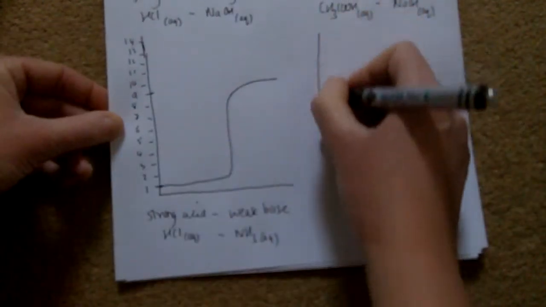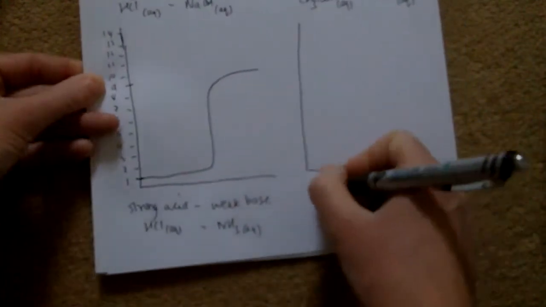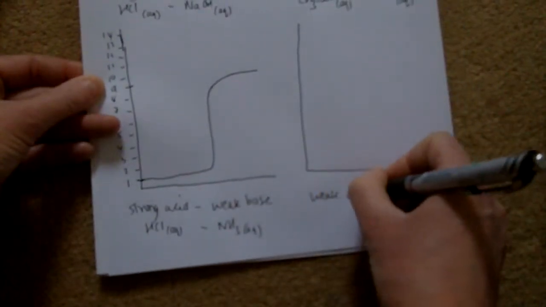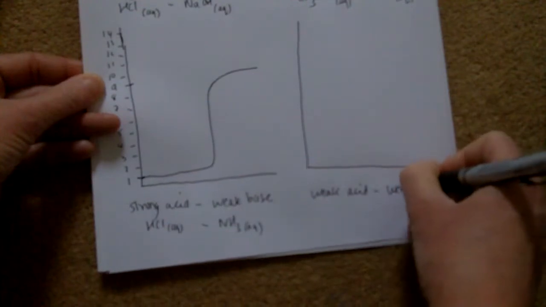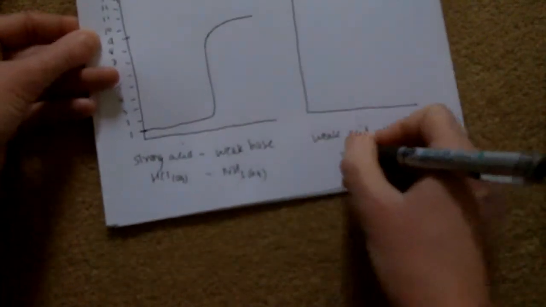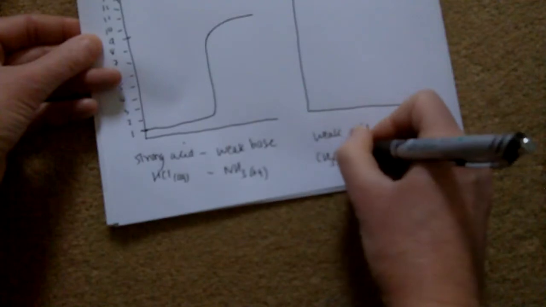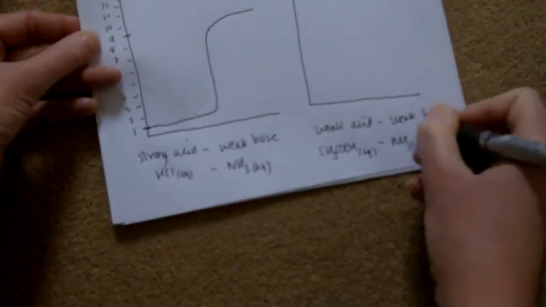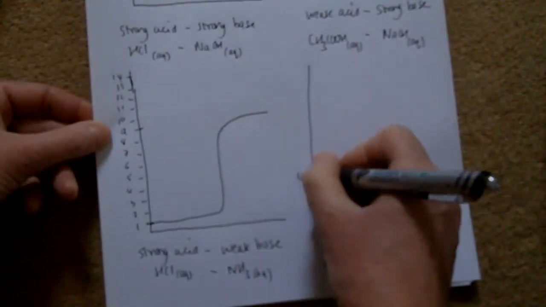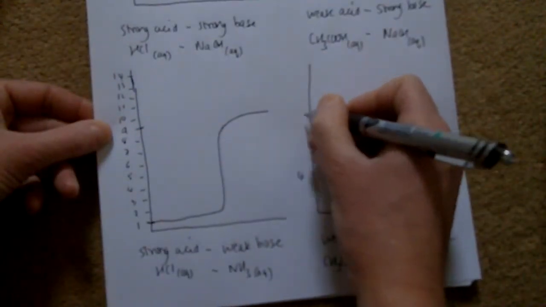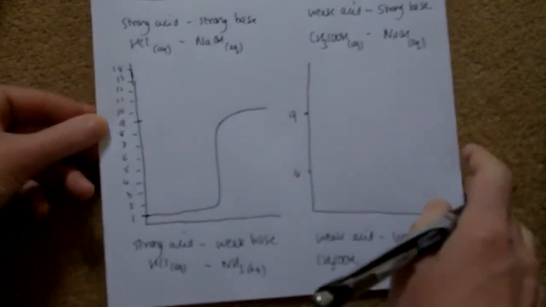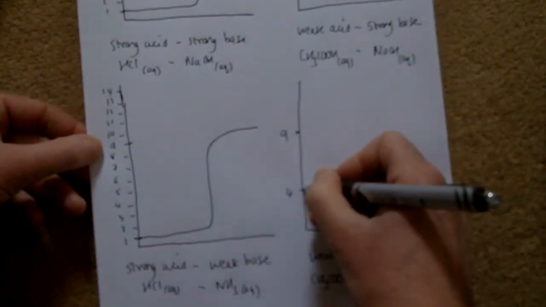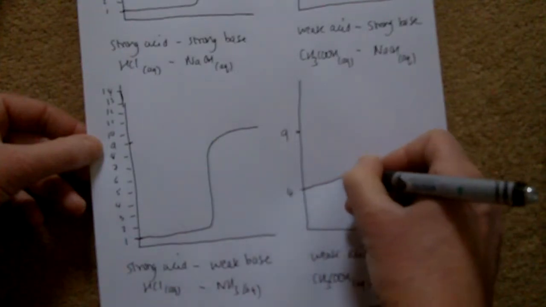The last combination, after strong acid, strong base, weak acid, strong base, and strong acid, weak base, is a weak acid, weak base. That's the worst combination. Something like ethanoic acid and ammonia. You'd start at about pH 4 and end at about pH 9. The problem with this titration curve is that there isn't a sharp vertical.